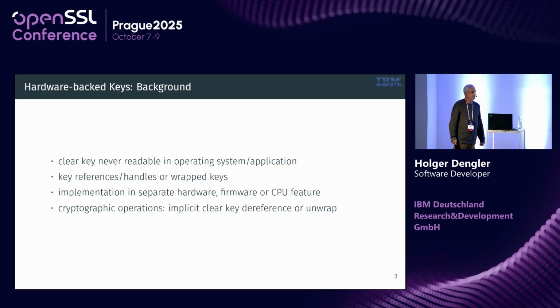Different platforms implement that differently. For example, embedded platforms handle that in some kind of attached coprocessors. In our case, in IBM Z, we have some kind of wrapped keys. Details will follow, presented by Reinhard.